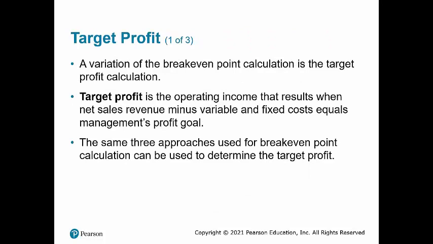A variation of the break-even point calculation is the target profit calculation. So target profit would just be the operating income that results when net sales revenue minus variable and fixed costs equals management's profit goal. We can use the same three approaches that we use for break-even point to determine the target profit.